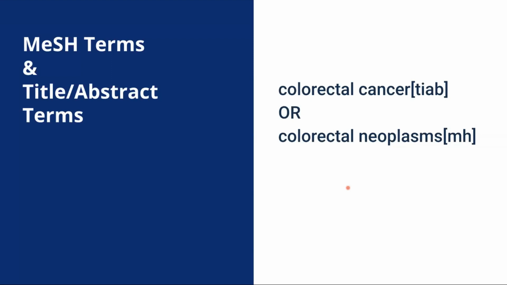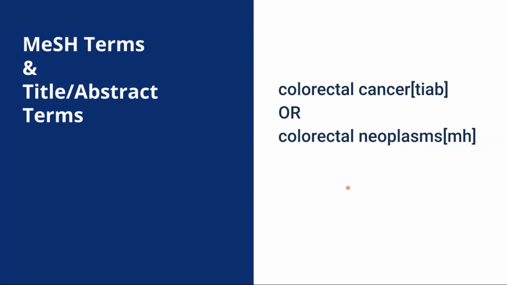In this example, I would perform a search that tells PubMed to find articles with the phrase colorectal cancer in the titles and abstracts, or to find articles that are labeled with the MESH term colorectal neoplasms. If there were any other ways to phrase this topic, I would do a title and abstract search for all of those different ways at this point.